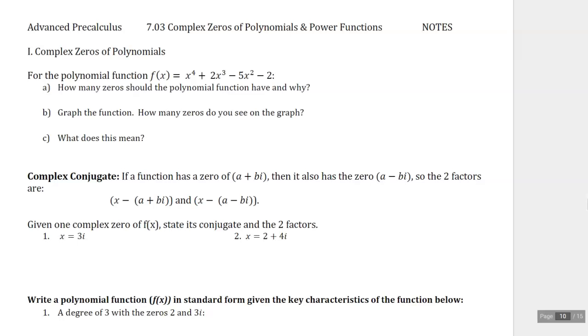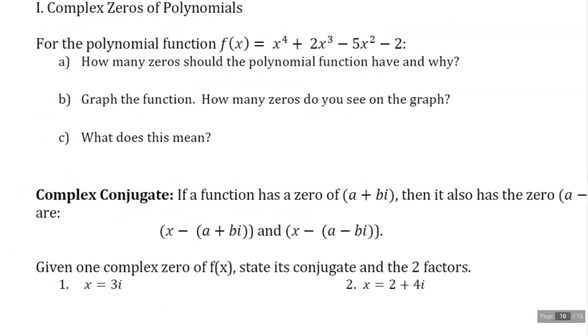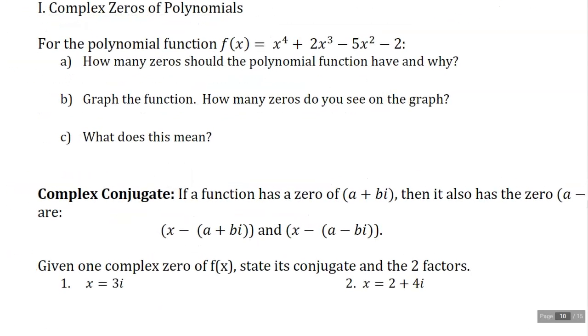So looking at this polynomial, x to the fourth plus 2x cubed minus 5x squared minus 2. How many zeros should it have? How many zeros should that polynomial have? This one, right?